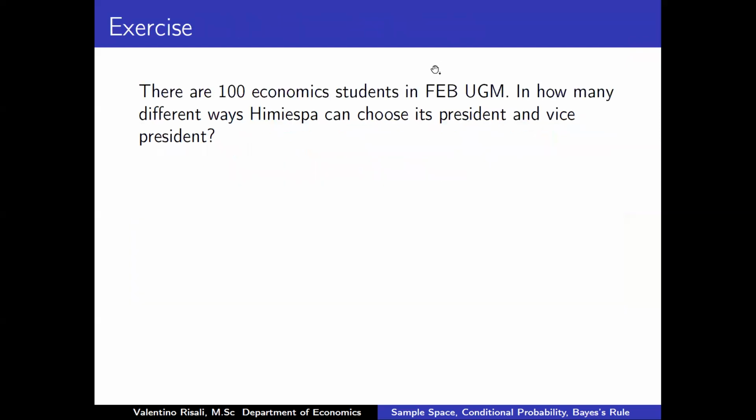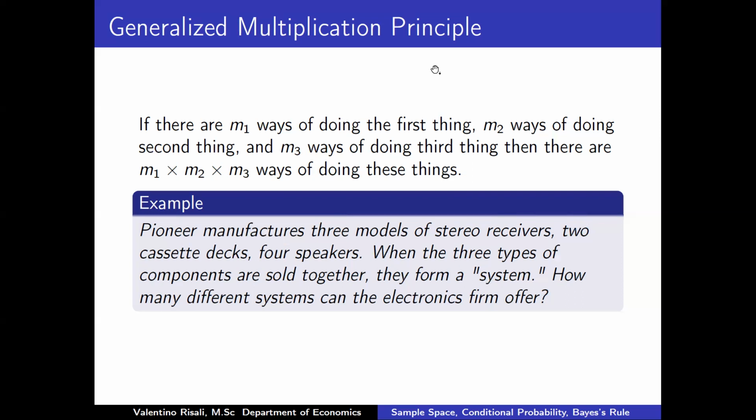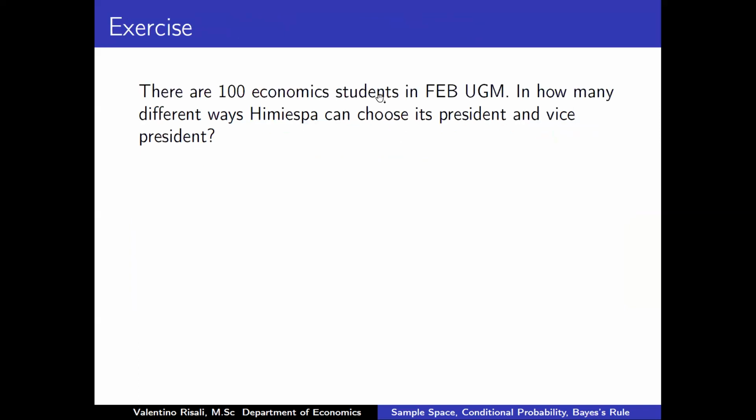And then for the next, the question before this slide dealt with two sources. How about this exercise or this problem? We only have one resource, that is the economics students in FAB.